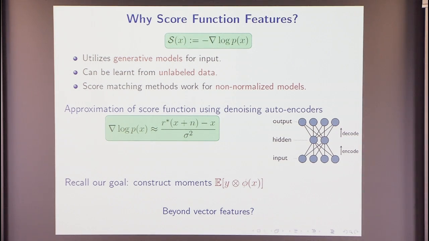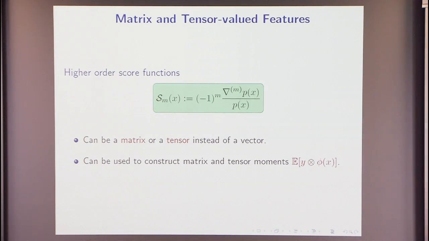So is there a hierarchy of such functions that can be used to construct these cross moments? What we came up with is this notion of looking at higher order derivatives of the input distribution. We call them higher order score functions, and this way we can have progressively higher dimensional features.